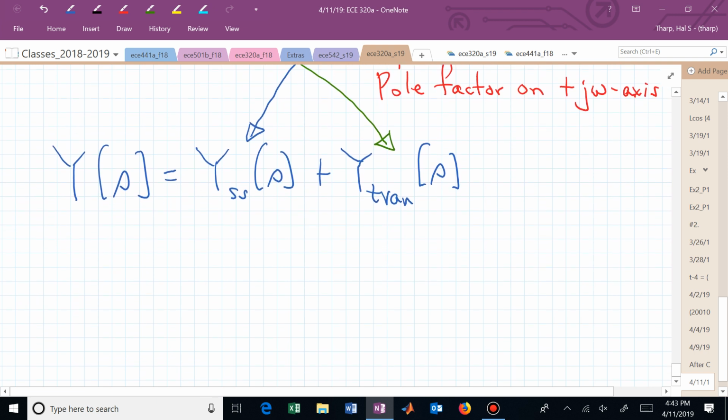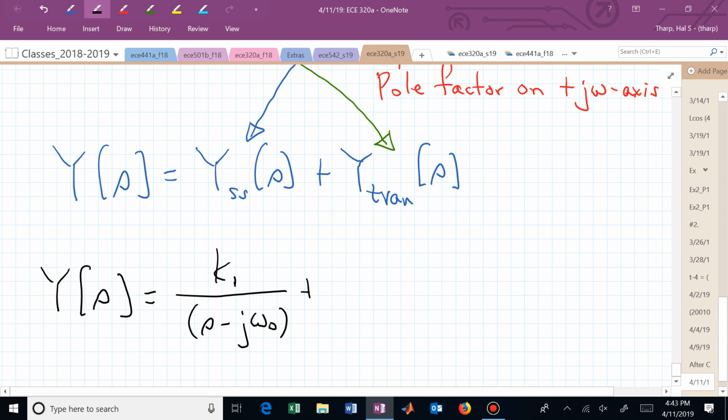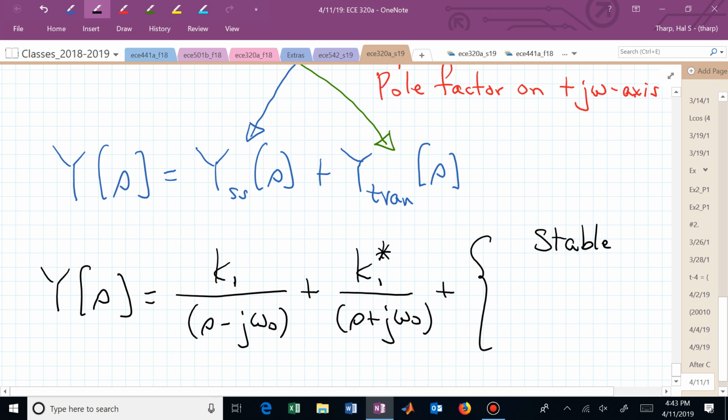How do we write this? Well, y of s we could now say is k1 over s minus j omega naught plus its conjugate, over s plus j omega naught, plus, here I'm just going to lump all of those and say those are stable terms from the poles in h of s.